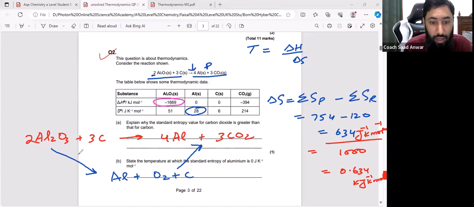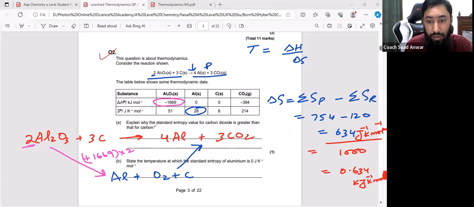I will put the same value with the opposite sign because I am not making Al2O3, I am dissociating, breaking Al2O3. So I am going to put plus 1669. I need to multiply this by 2 as well because I'm breaking 2 moles.